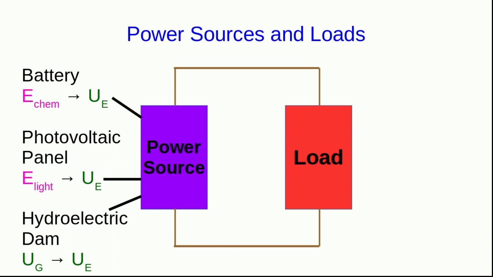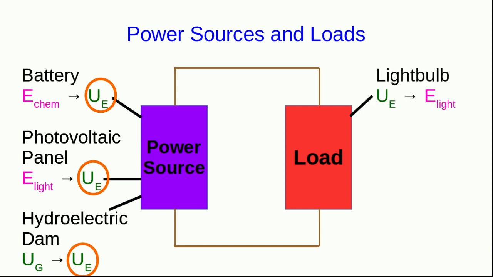It could, in a very large circuit, be a hydroelectric dam converting gravitational potential energy into electric potential energy, or any number of other possibilities. The common theme, however, I hope you notice, is that all of them are turning some form of energy into electric potential energy.